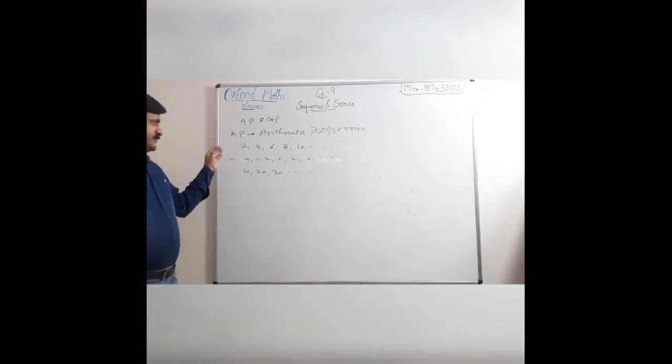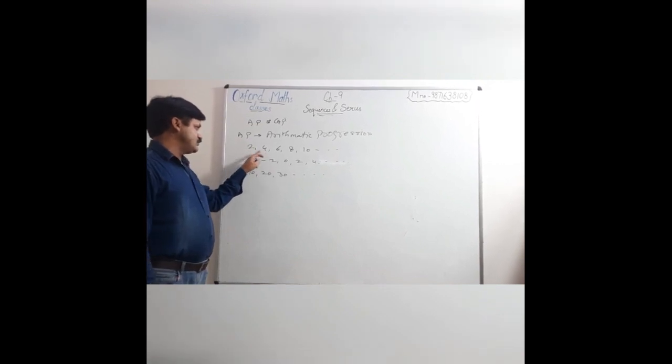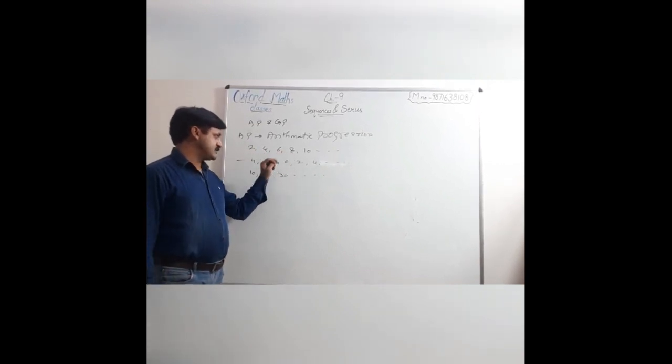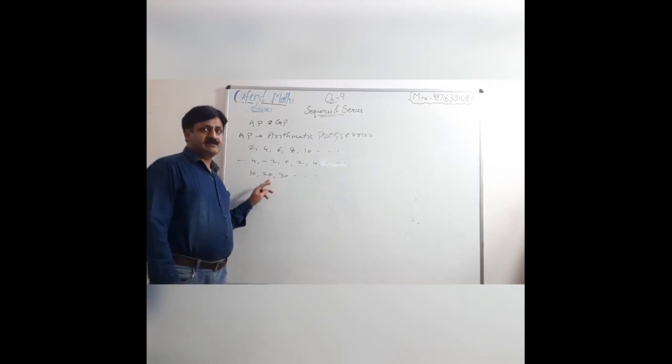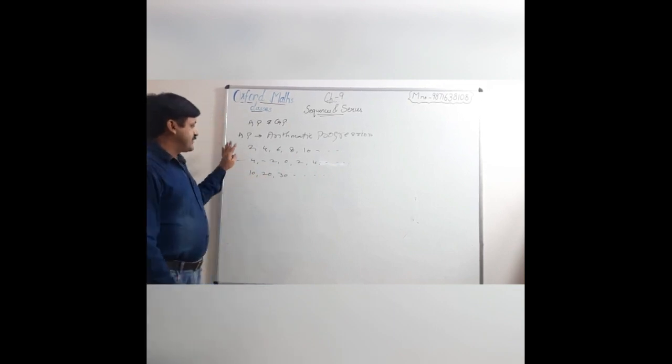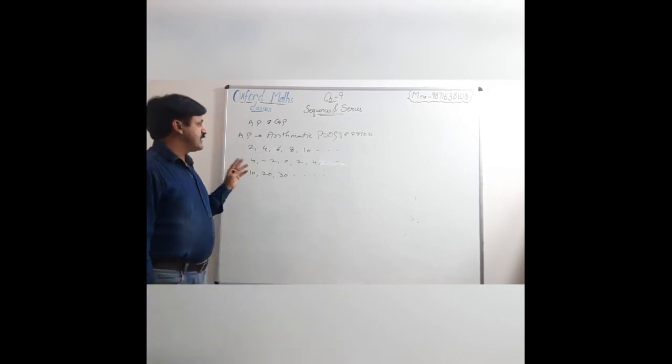The difference between these terms is the same: 4 minus 2 is 2, 6 minus 4 is 2, 8 minus 6 is 2. Similarly, 20 minus 10 is 10, 30 minus 20 is also 10. When the common difference between terms is the same, it is called AP.